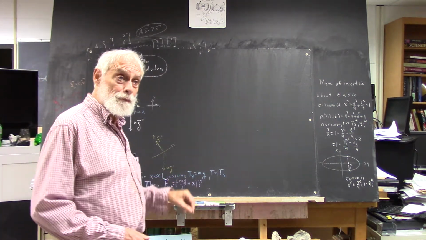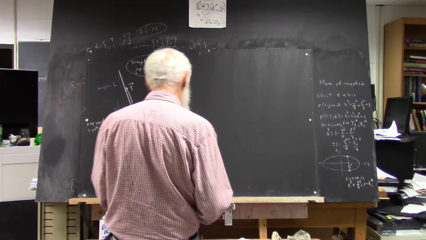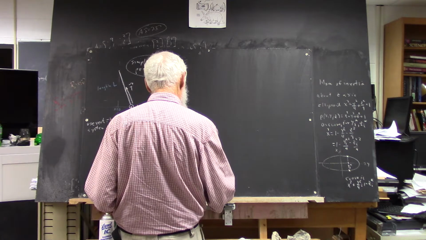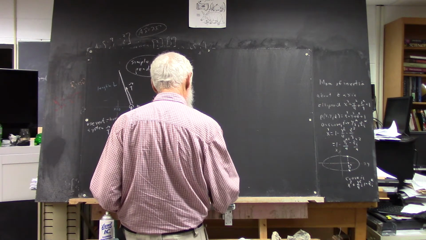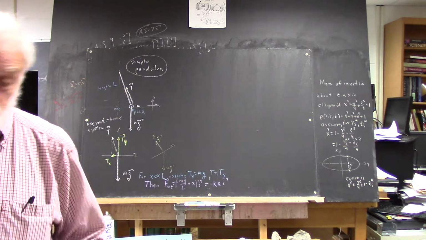Okay? And that equals negative kx times your i vector.